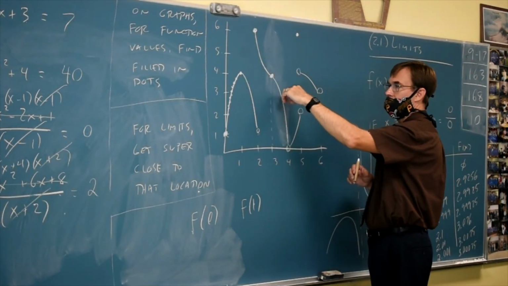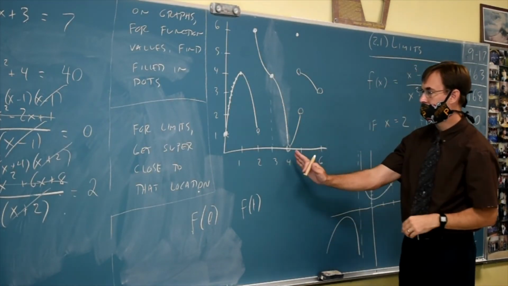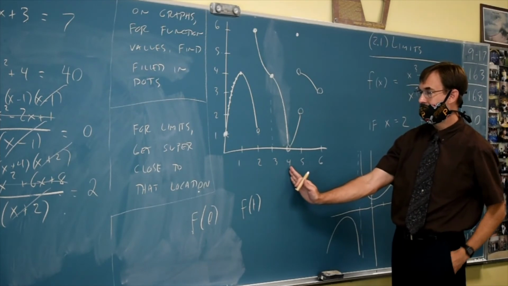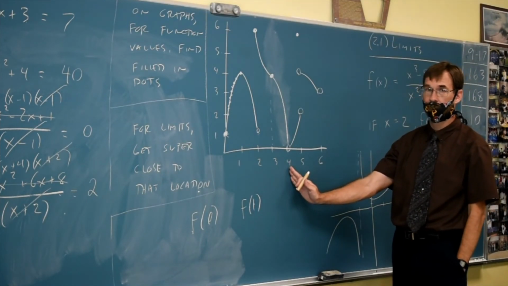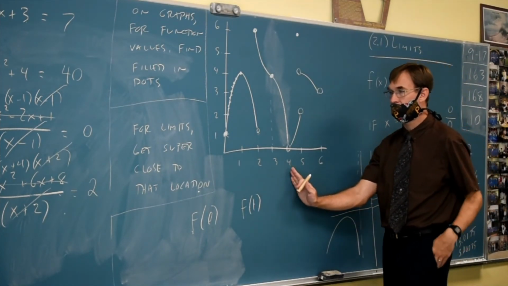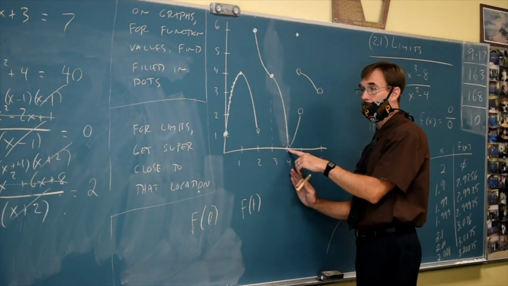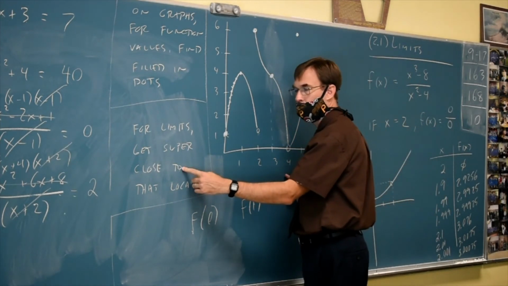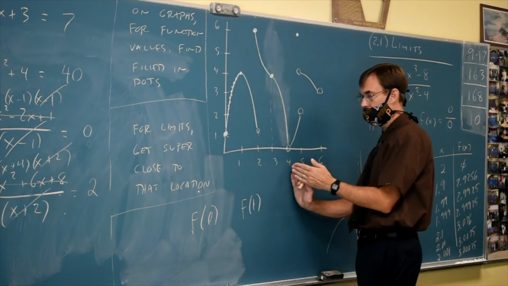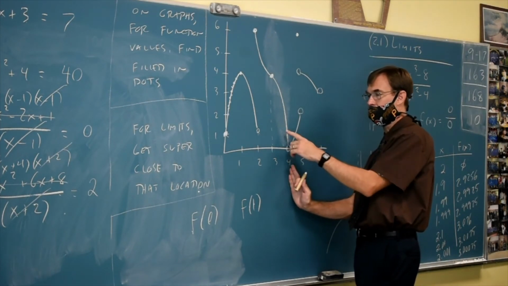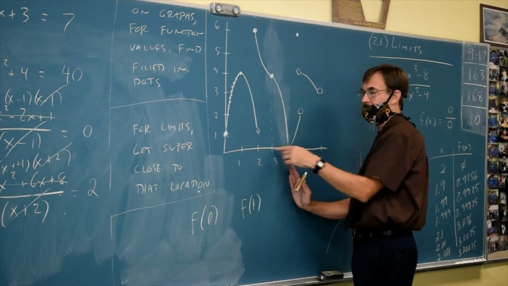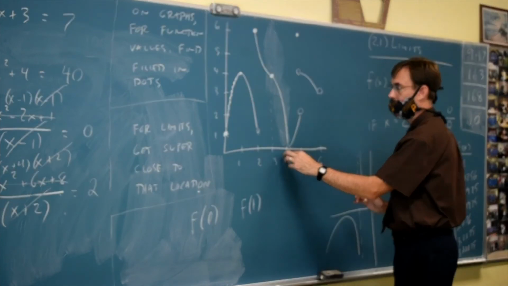It keeps on walking in from the left until it's lined up with 4. How high is that going to be? Basically 0. Because the spider's not worried about landing in the hole. The spider's just worried about getting super close. The spider, when we're doing the limit at 4, the spider's thinking 3.99. How high am I? Basically 0.